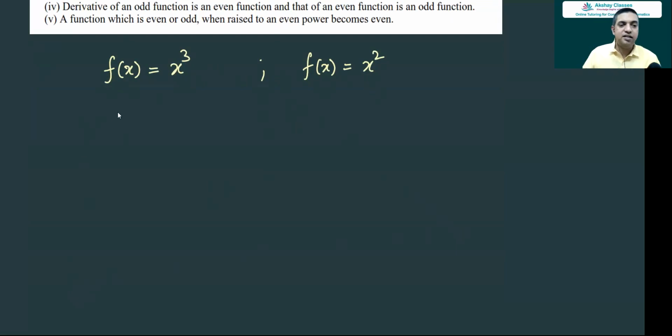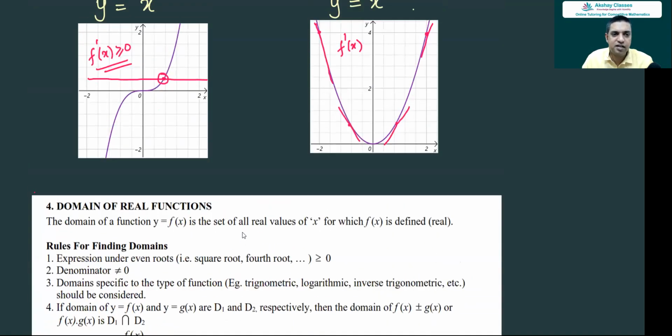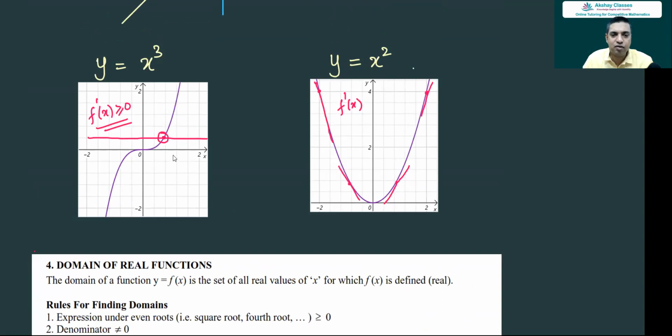The reason is f of minus x will give us minus x cube here, which is minus of f of x. And f of minus x here gives us f of x only. Now the graphs of these odd and even functions, we have already plotted here.